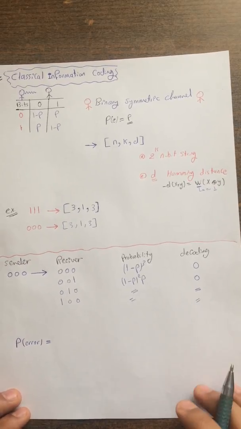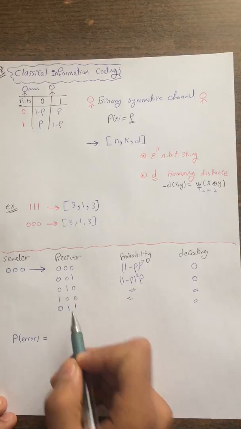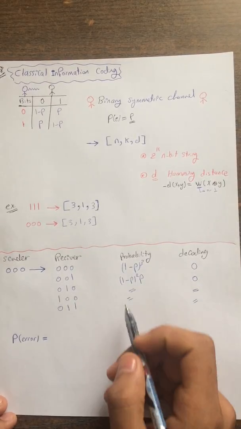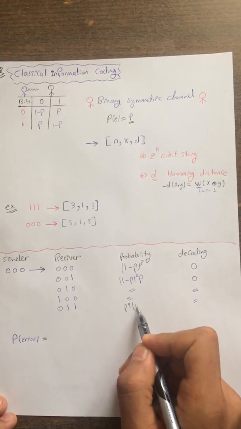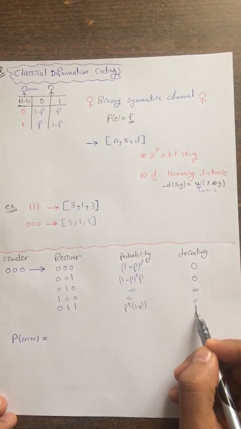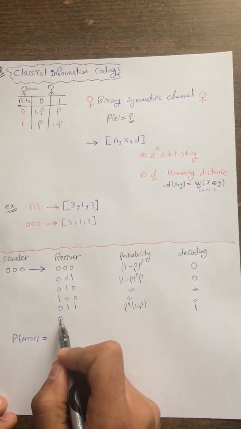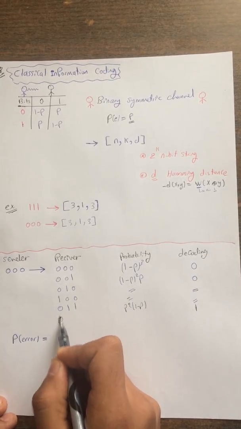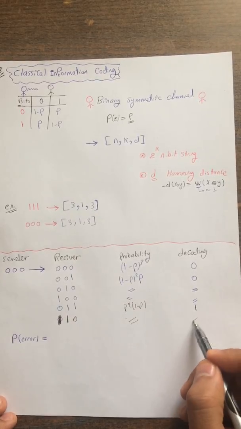What if I have 0, 1, 1? Here comes the issue that I have an error. Here it is P squared times 1 minus P, and it will decode 1. What if I have 1, 1, 0? It will be the same, decoding 1.